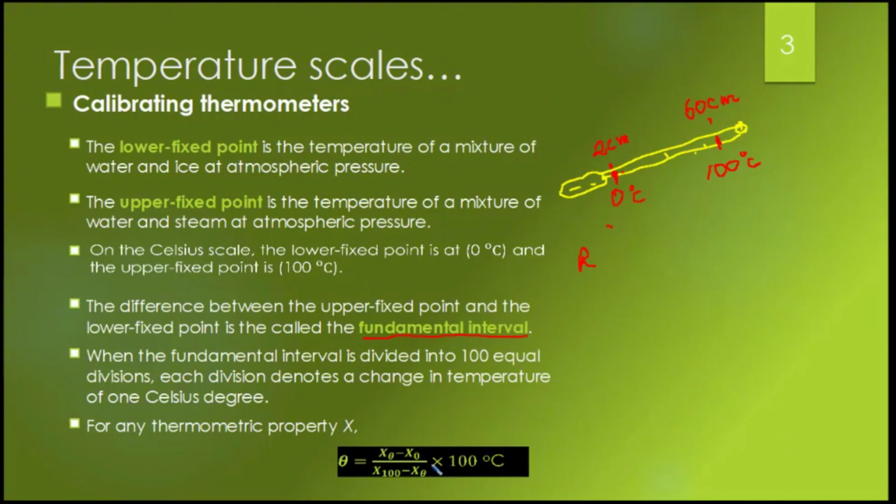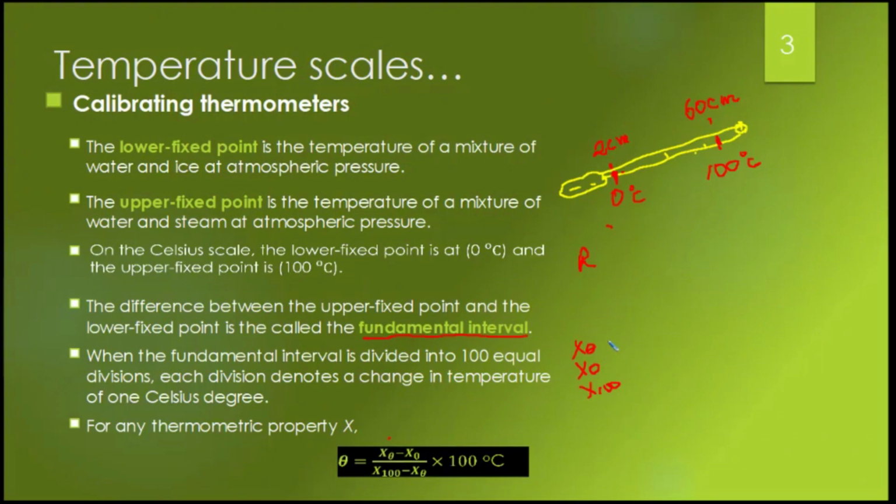On the Celsius scale, the temperature is given by this equation here, where x theta is the value of that property at the temperature we are measuring, x0 is the value of that property at the lower fixed point, and x100 is the value of that property at the upper fixed point.